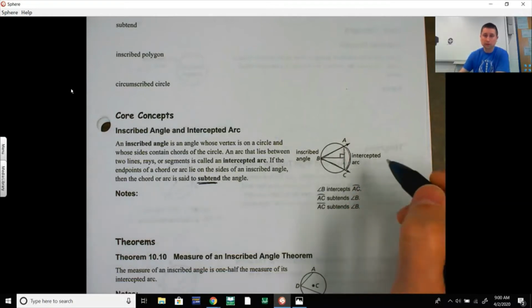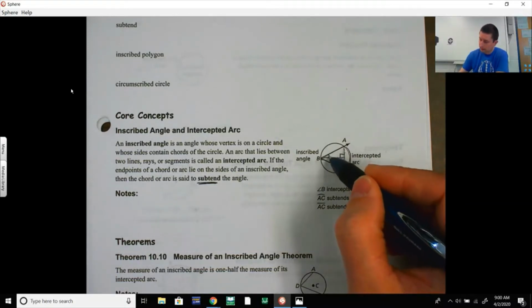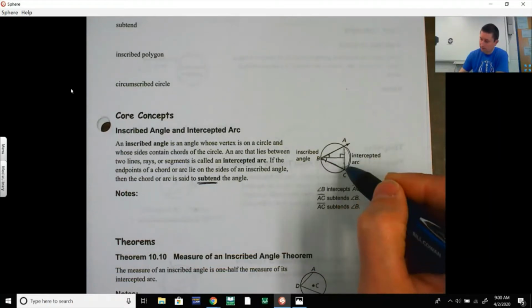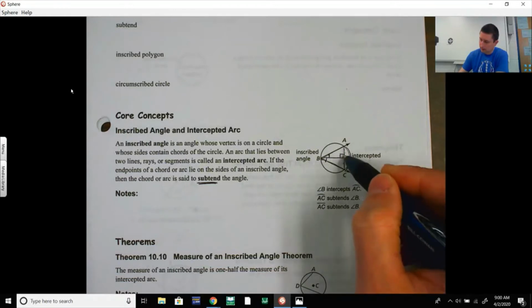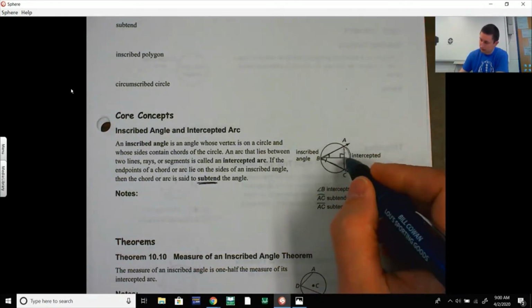So some of those properties from the last lesson will show up here as well. If you have an angle bisector, if this angle equals this angle, you're going to have an isosceles triangle here, and it's going to be 90 degrees, and it's going to intercept that arc. Guess it doesn't have to be an isosceles triangle, but it will intercept that arc.